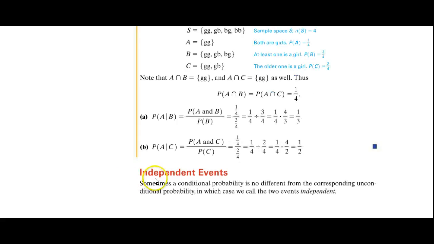Going on to independent events, sometimes a conditional probability is no different from the corresponding unconditional probability. If this is true, we say the two events are independent. So it doesn't make any difference whether they're conditional or not.